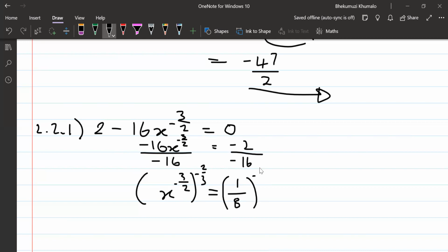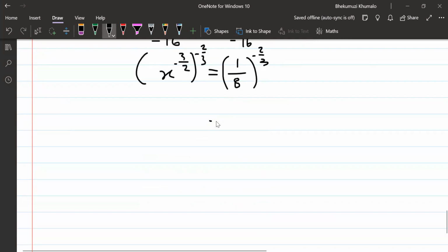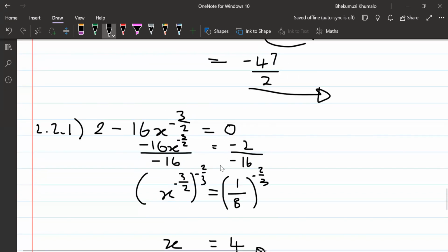Therefore it's minus 2 over 3 here as well. Then you can hit on your calculator what 1 over 8 all to the power minus 2 over 3 would be, and the solution would be 4. So when x is equal to 4, this satisfies the equation.